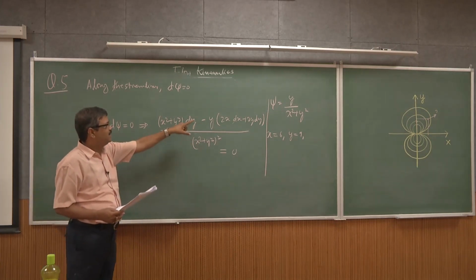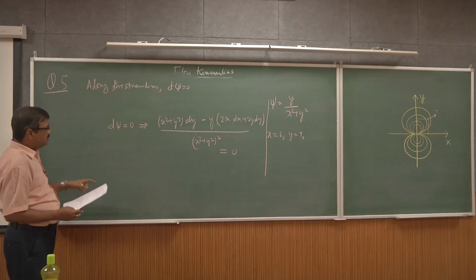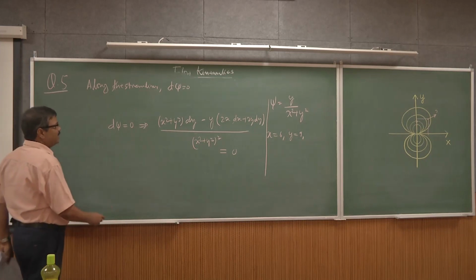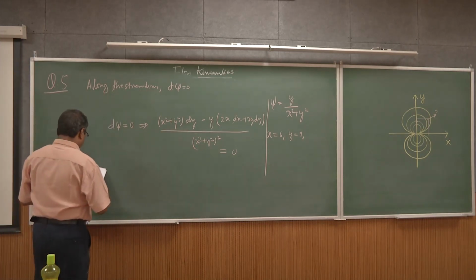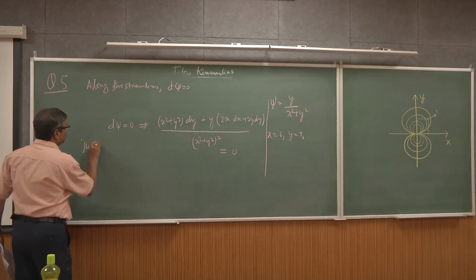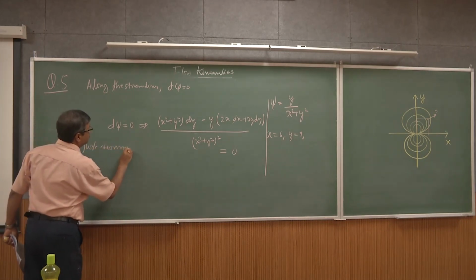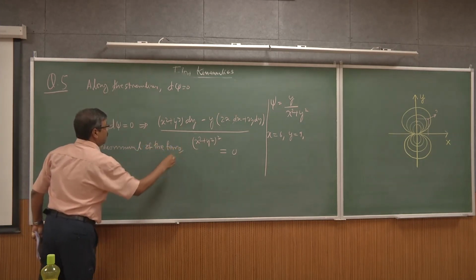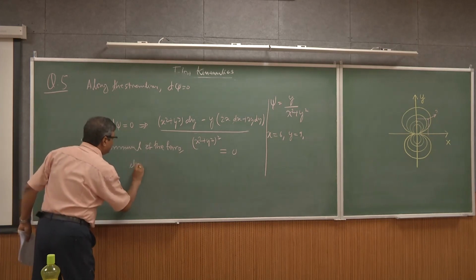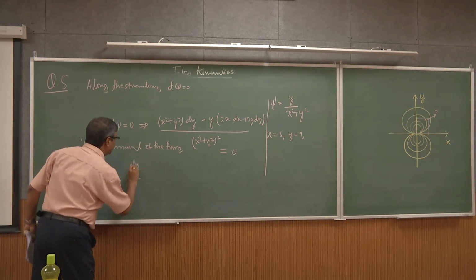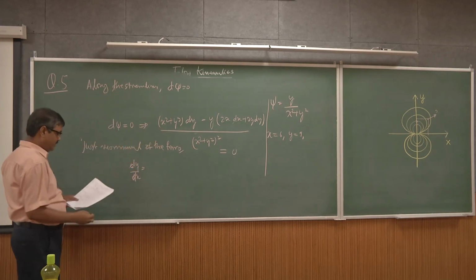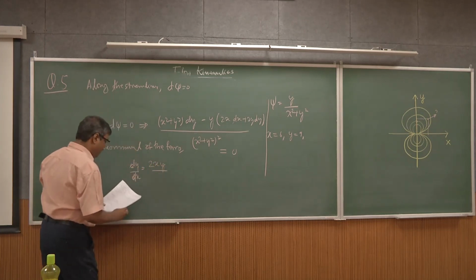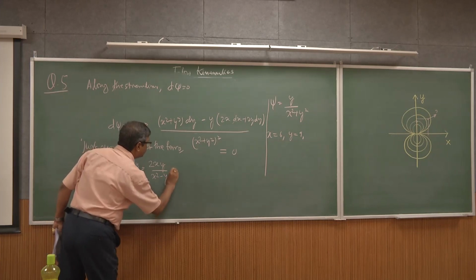You can follow any mathematics book to see how the expression comes. Rearranging the terms, we get dy by dx equal to 2xy divided by x square minus y square.